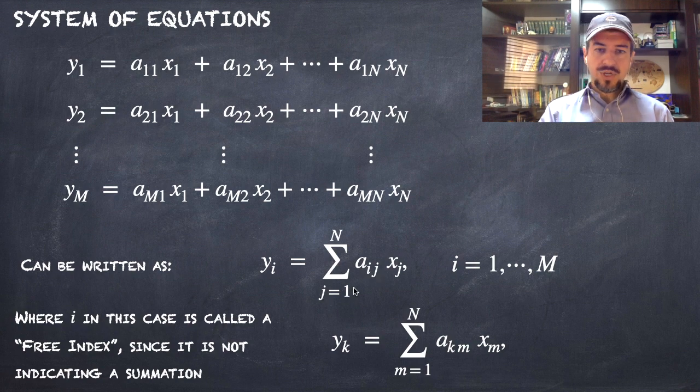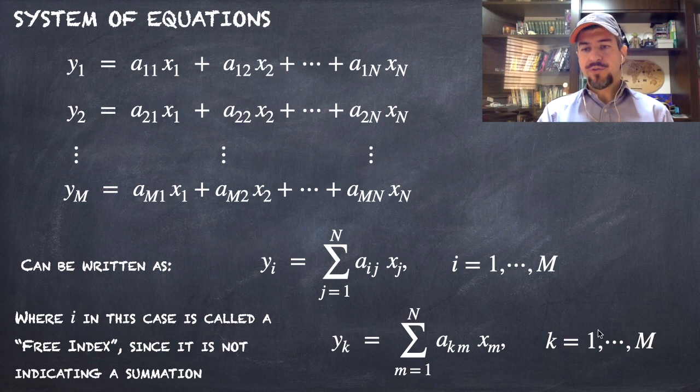And since this summation is considering the j index, we can change it to the m index as well, and the coefficient is going to be a_km x_m. Of course, now k goes from 1 up to m.